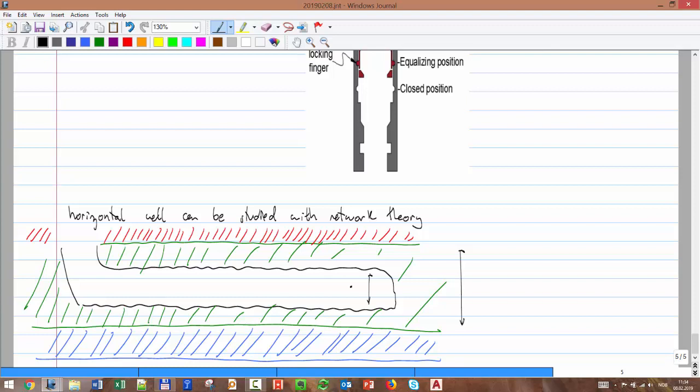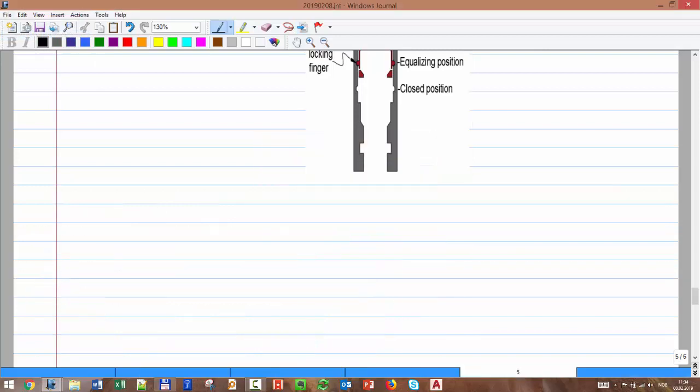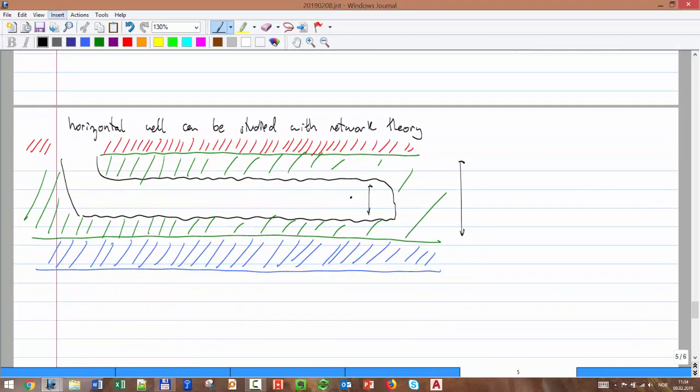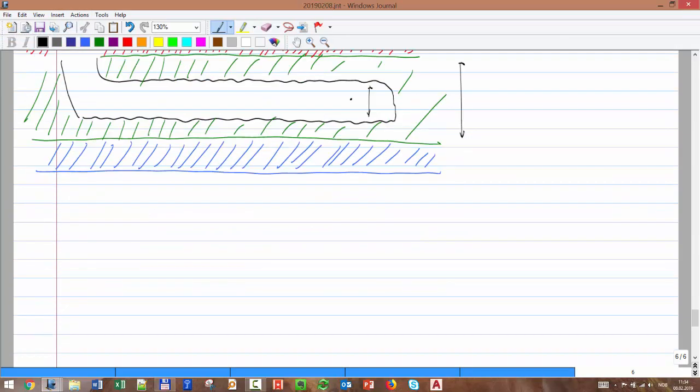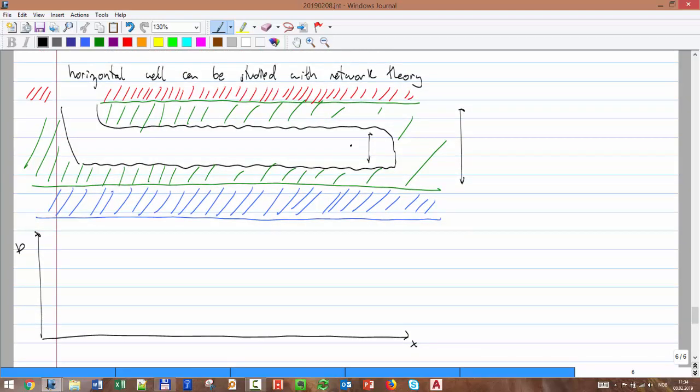Let me just move it to another page. Okay, I want to make a plot here of pressure versus length, x, a parameter that I call x, the axial position.